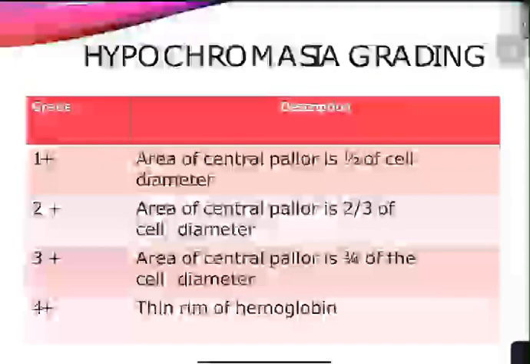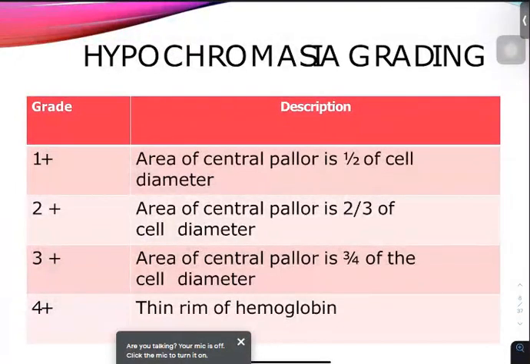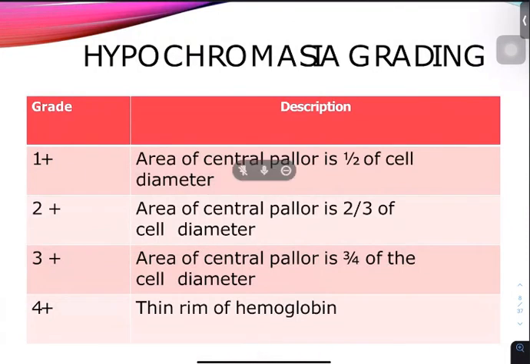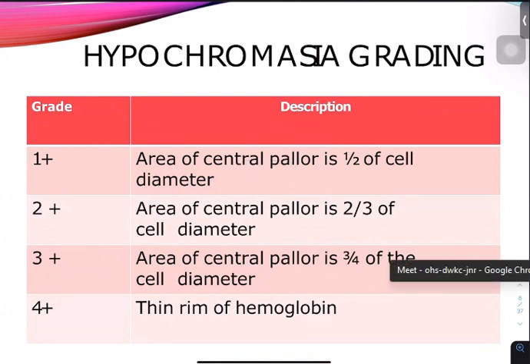Next, the grading of your hypochromasia. As to that, you have your 1 plus, which is described as the area of central pallor being 1/2 of the cell diameter. Kalahati ng cell ay pale.